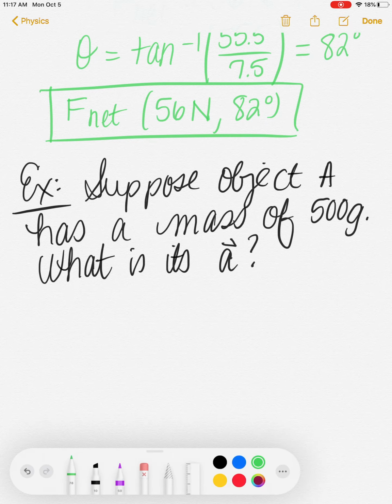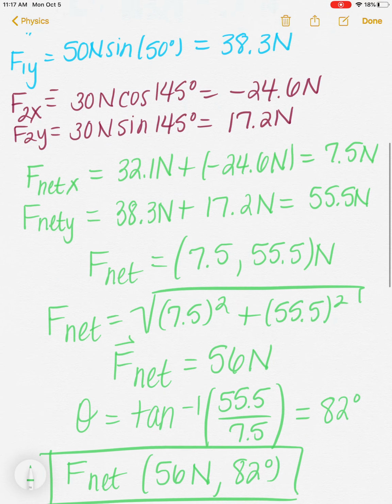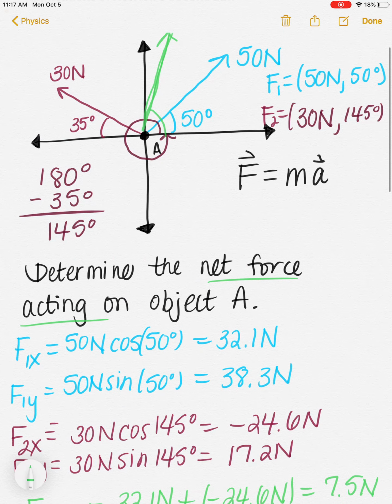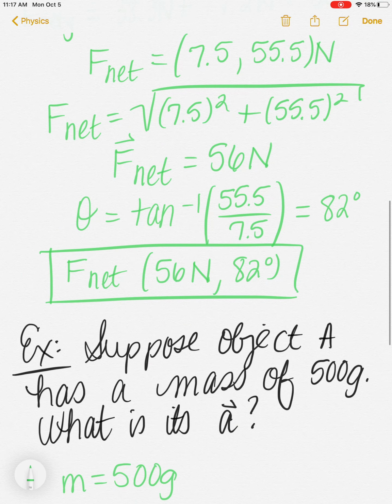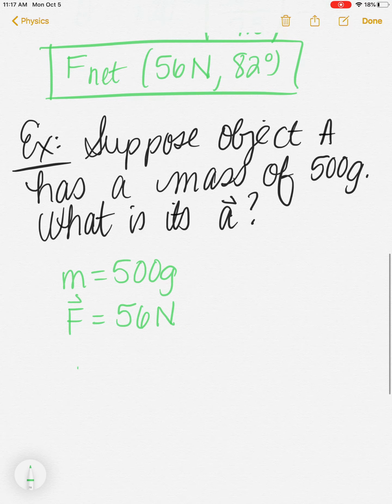All right, so the new piece of information that they have now given us is that your mass is 500 grams. If we're still working with object A from this first example, we had just determined that the force being applied to that object has a magnitude of 56 newtons.